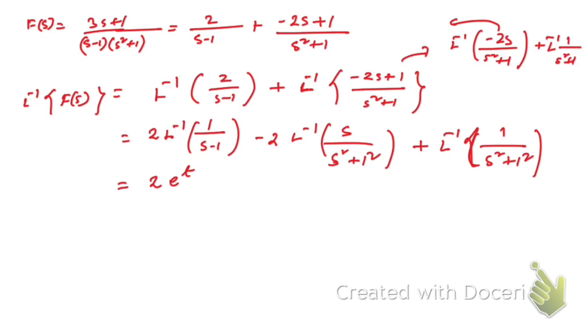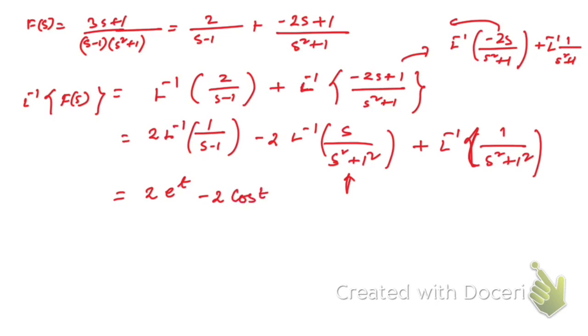Right, so now you see, let me bring it down. Now what we get here: minus 2 inverse Laplace transformation of this is cos t.